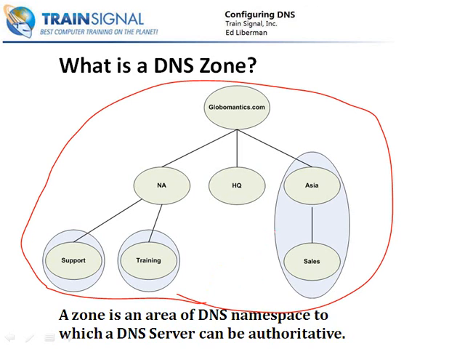And the highlighted areas, I have one here, here, and here, are zones that we have specifically delegated out, and we'll talk about delegation in just a moment. Here, I've delegated out the asia.globalmantics.com zone. I've made that its own zone so that there are separate DNS servers which will be authoritative for that namespace.